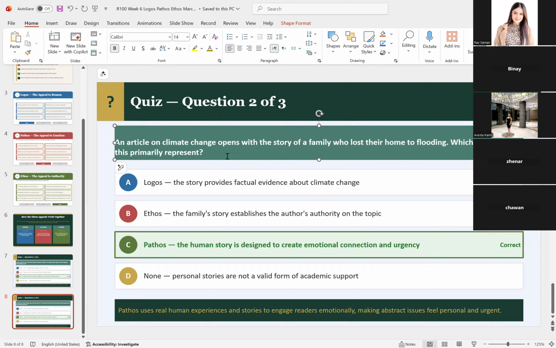Which appeal does this article represent? So imagine you have an article on climate change, but the start of the article talks about a story of a family who lost their home. How does that work with pathos? What would be the emotion of that story if you could imagine it?